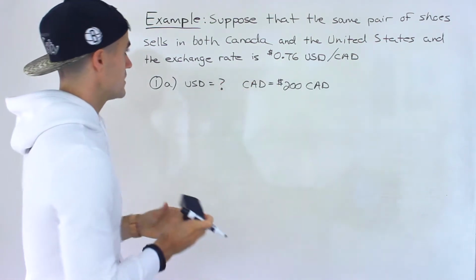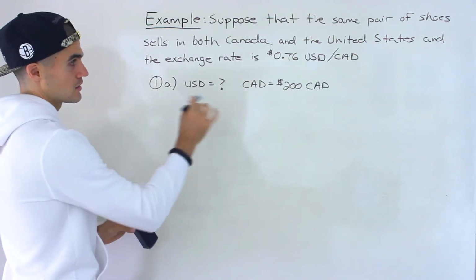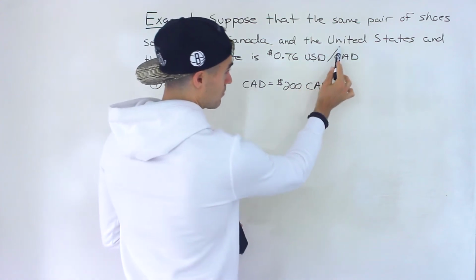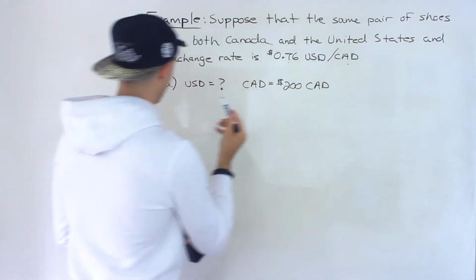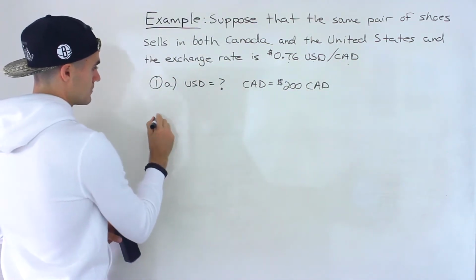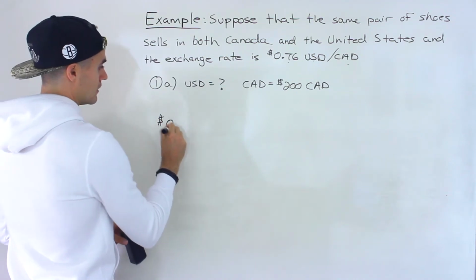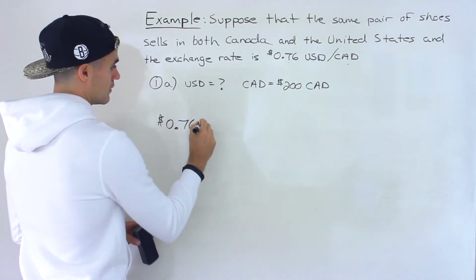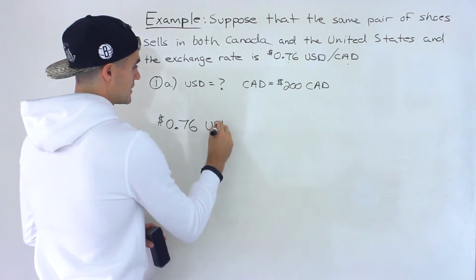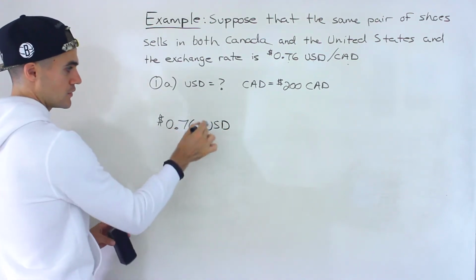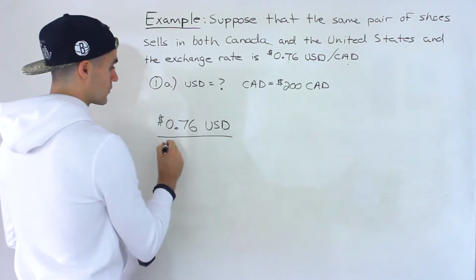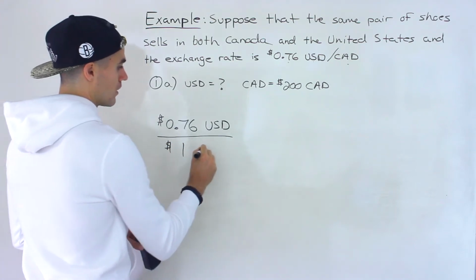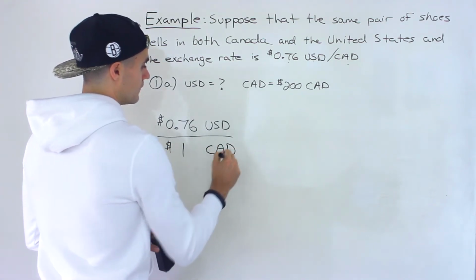Now, this exchange rate, what it means whenever you have this currency per this currency and then you have a number here, it basically means that for every 76 cents of the US dollar, you're going to receive $1 Canadian.